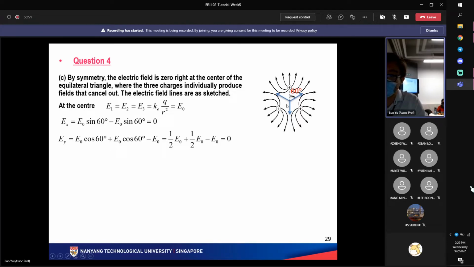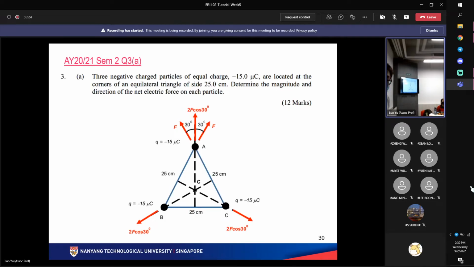Because E1 and E2 are the same in magnitude, the x components cancel each other out, giving 0. Now along the y direction, both E1 and E2 act in the positive y direction, so I have E1 times cosine 60 plus E2 times cosine 60. E3 is exactly along the minus y direction, so I have minus E3. Cosine 60 is 1/2. Half E naught plus half E naught minus E naught, I get 0. So I prove that exactly at the center, the total field is 0.